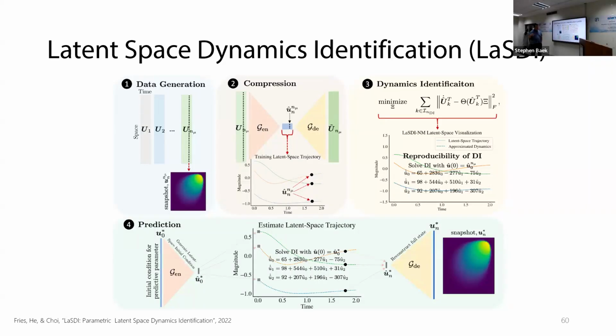As opposed to the previous case where we just threw everything into a neural network, they use a regression model in the latent space to parametrically represent the trajectory of the latent space dynamics. And then from there, they identify the dynamic trajectory in the latent space, and that's what's being used for the prediction at full scale.